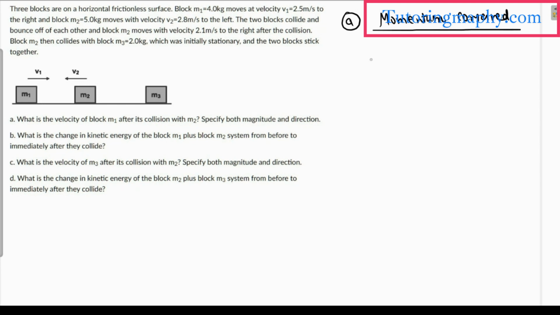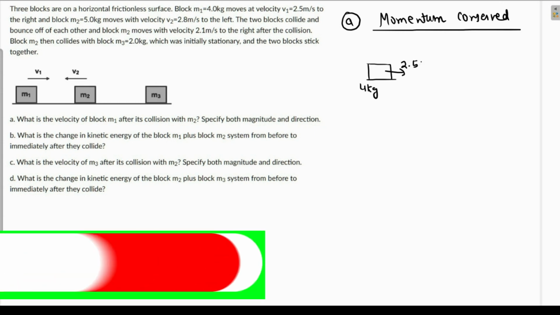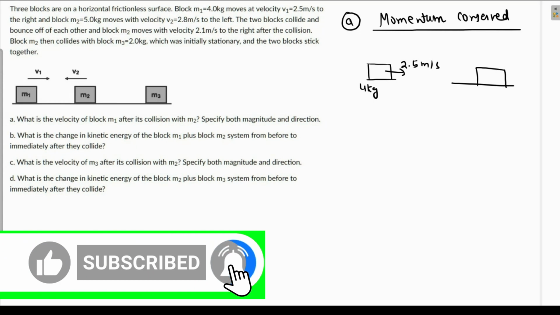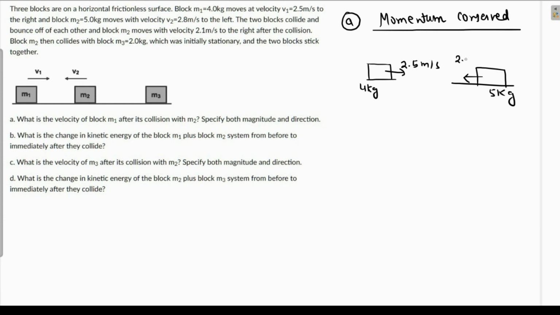If the momentum is being conserved, then the initial situation is like this. This is the block M1, which is 4 kilograms, moving over on the right with 2.5 meters per second, and the block M2, this is 5 kilograms, which is moving over on the left with 2.8 meters per second.